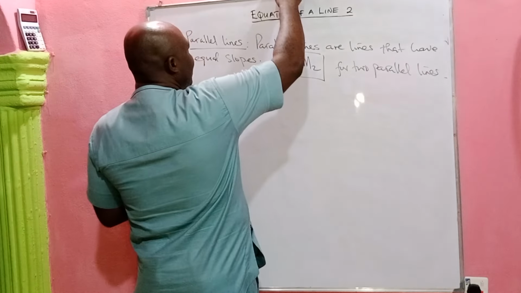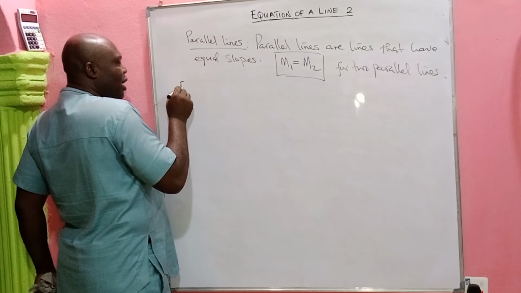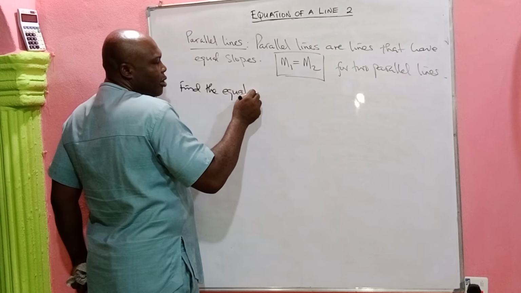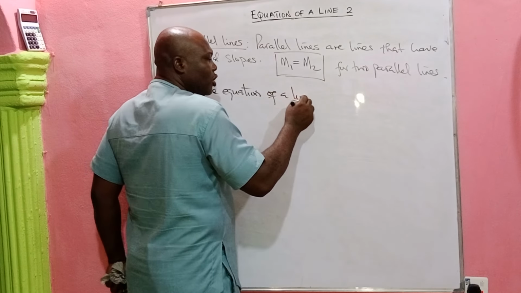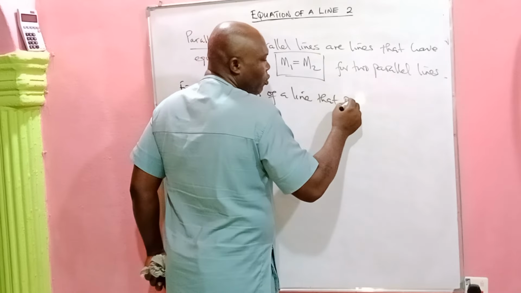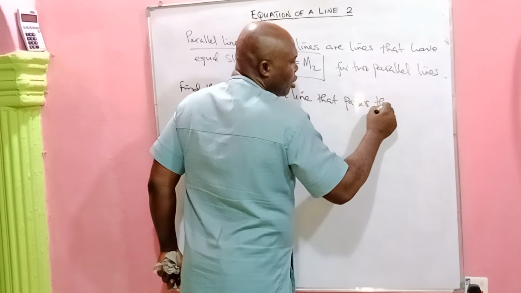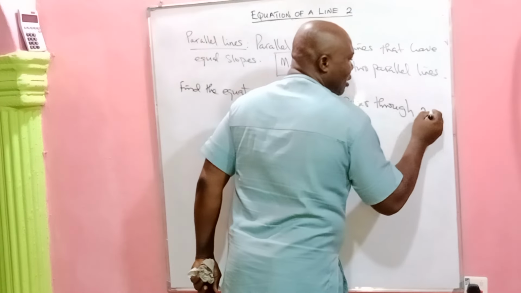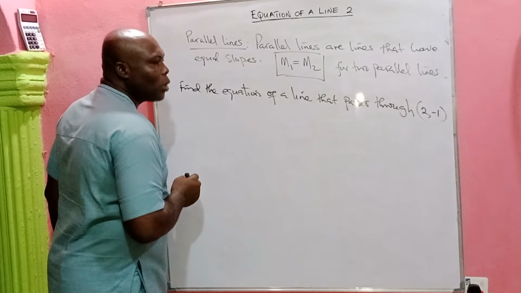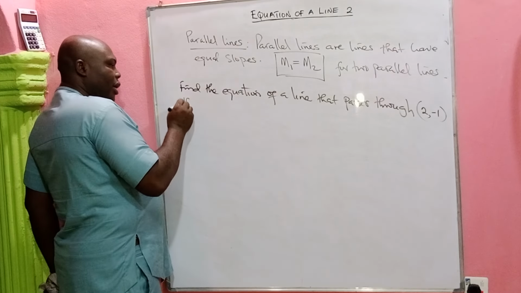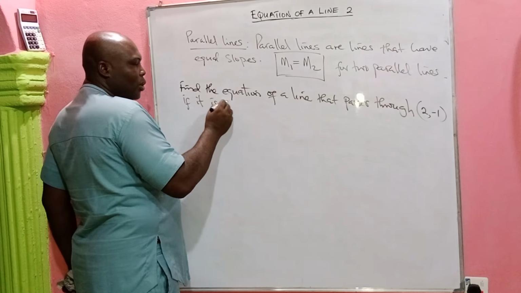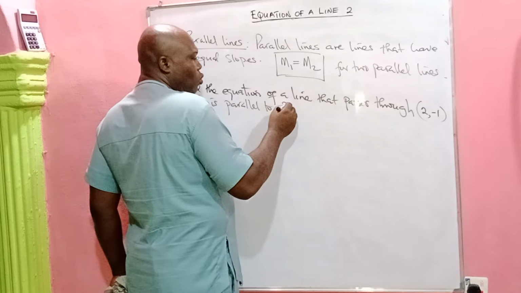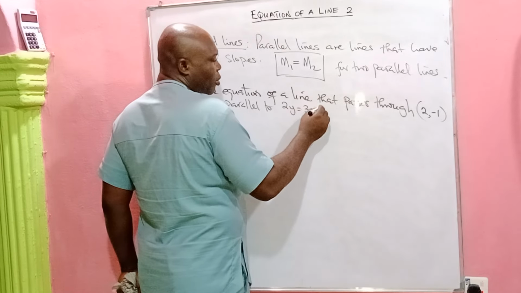Okay, so take for instance, if they say find the equation of a line that passes through, let's say 2 and minus 1, if it is parallel to another given line, let's say 2y is equal to 3x plus 5.